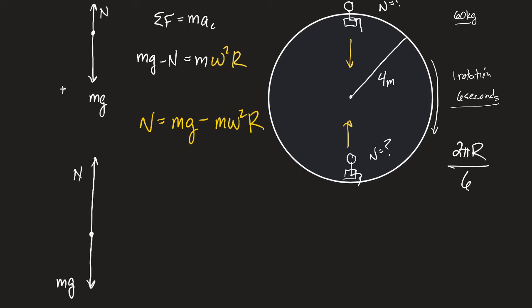Moreover, this is normal minus mg, because I'm going to change my direction of positive to be upwards to match the direction of the unbalanced force. And that's going to equal m omega squared r. So the normal here is the sum of these two things.